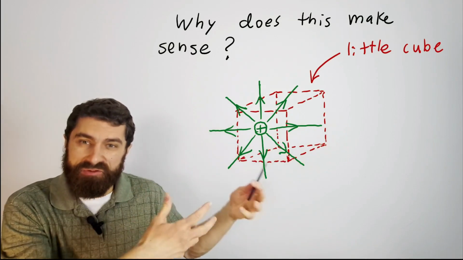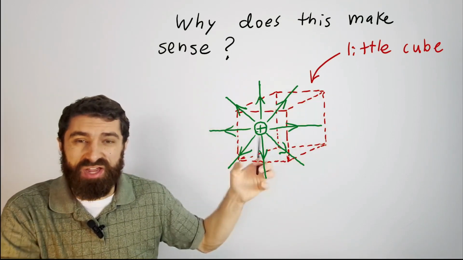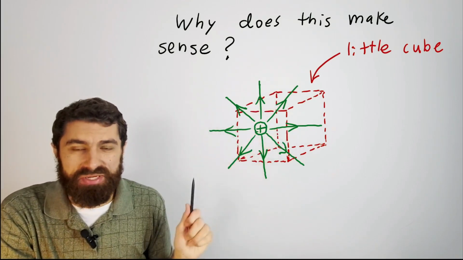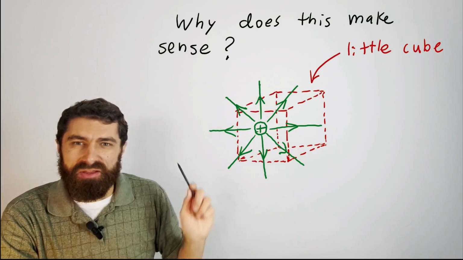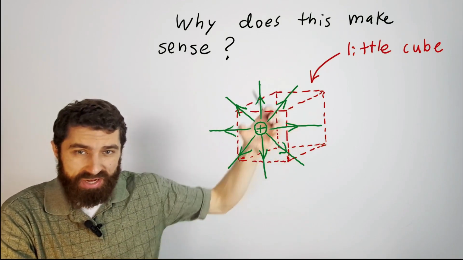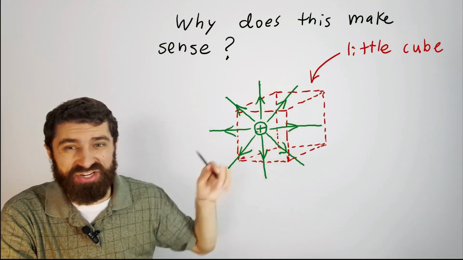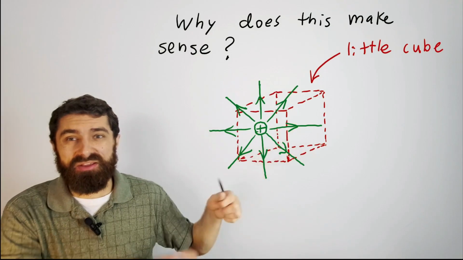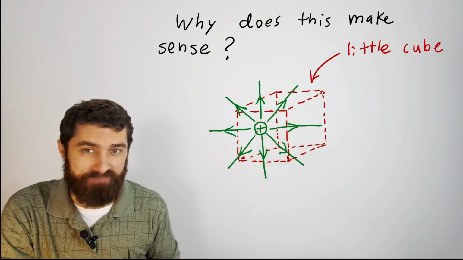So the overall effect is that the total net flux coming out of that cube will be the same as if it was in the center. So no matter where you position that charge, as long as there's some kind of charge inside this little cube, then the flux will be constant.